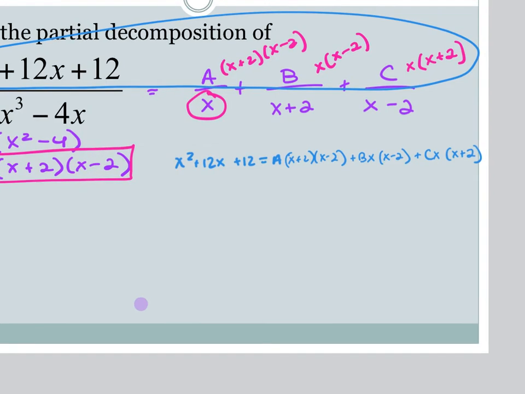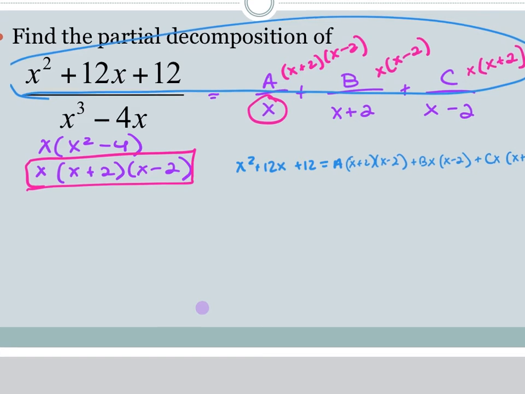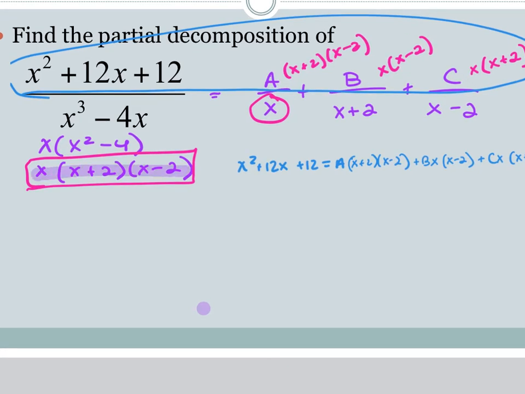All right, so now I've got to figure out what's going to cancel these out. And this is a scenario where it might be easier just to go back to your original factored denominator and set each of those terms equal to 0. So I know I'm going to end up plugging in a 0, a -2 and a 2. If you just set the denominators from the factored form each equal to 0, those are the three numbers you're going to plug in for x.